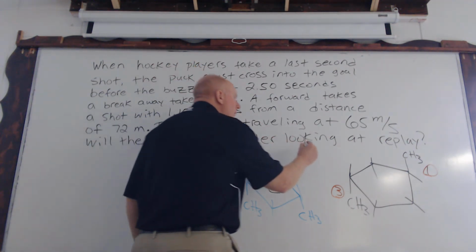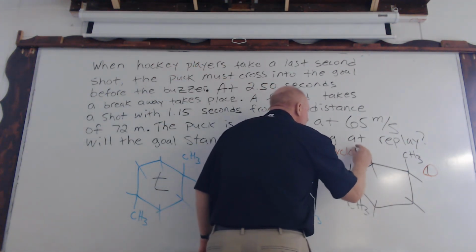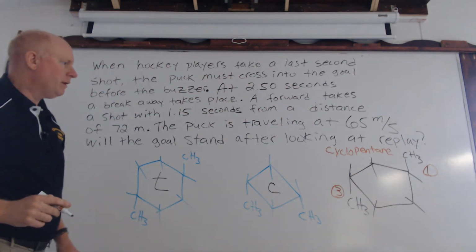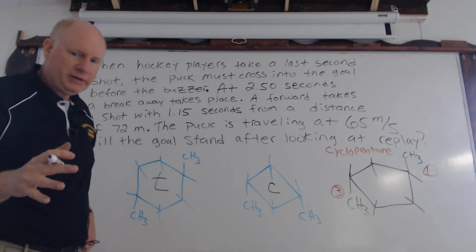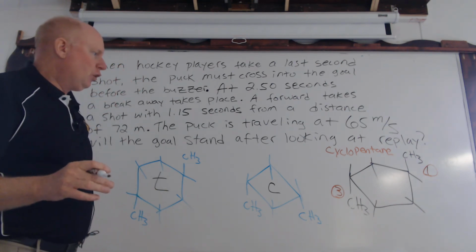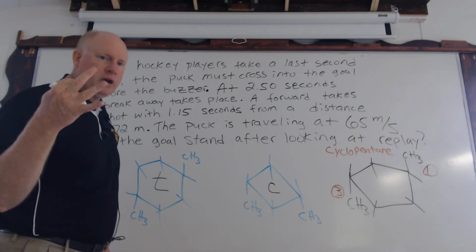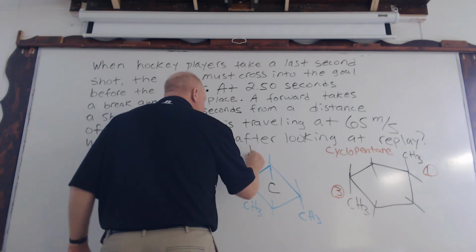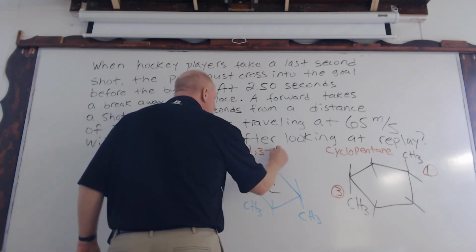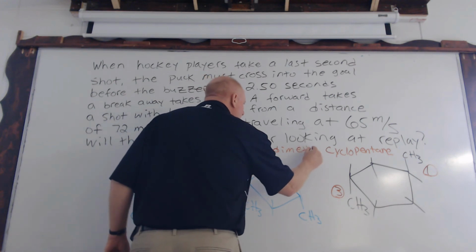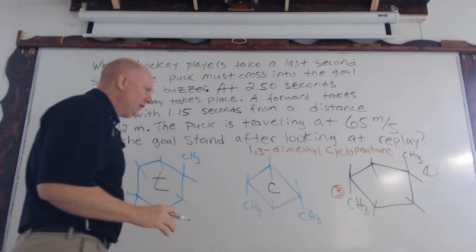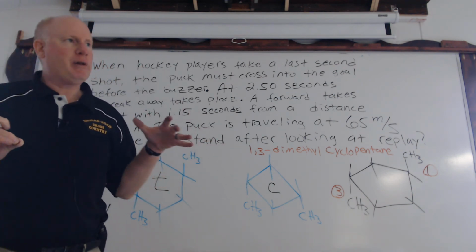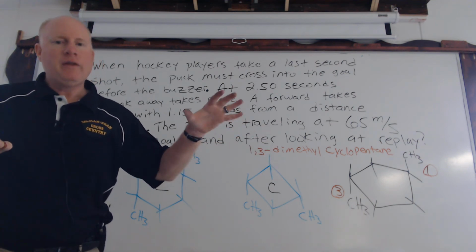And this is where it's different. Remember, we said we know that this is cyclopentane. Now we've got two derivatives on there, and they're both methyl groups. And they're located on the first and the third carbons. So how we would name that is 1,3-dimethyl cyclopentane, and that's one of the aspects you would have done on your paper, but we didn't want to throw the cis-trans isomerism in before that first problem quiz.